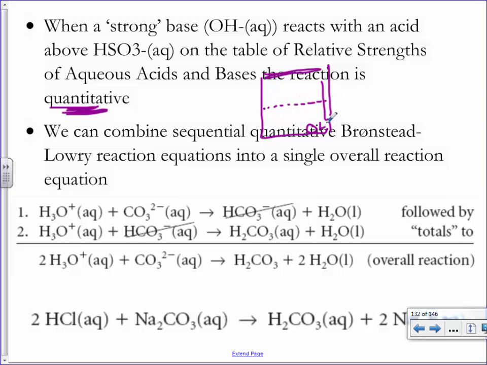If you react something with a strong base, and the only strong base, by the way, is hydroxide. If something reacts with OH minus, and usually the acid is above wherever HSO3 happens to be. So where's HSO3? HSO3 is right about here. If anything from here and above reacts with that strong base.